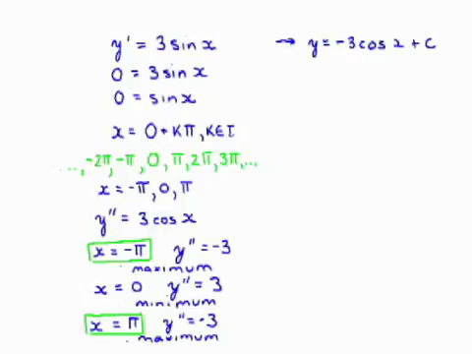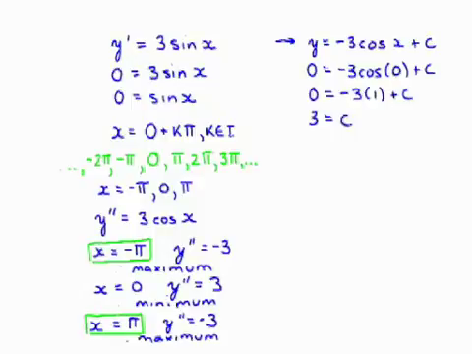I was told that the curve passes through the origin, so it passes through (0, 0). So I can substitute 0 in for y and 0 in for x and solve for c. And when I do so, I find that c is equal to 3. So now I have everything I need for the equation of our original function or curve. y is equal to negative 3 cosine x plus 3. Now I've addressed the first part of this question.